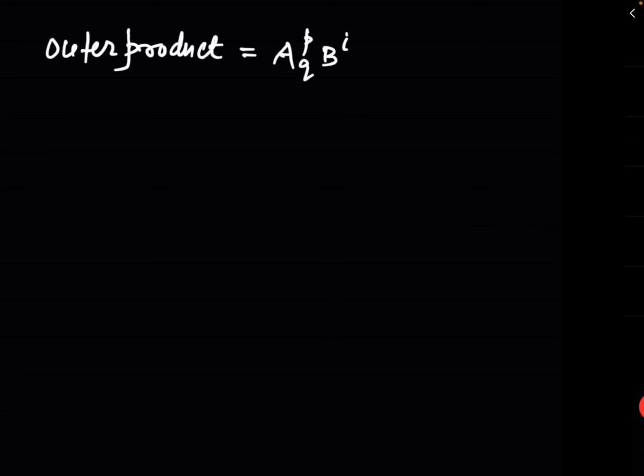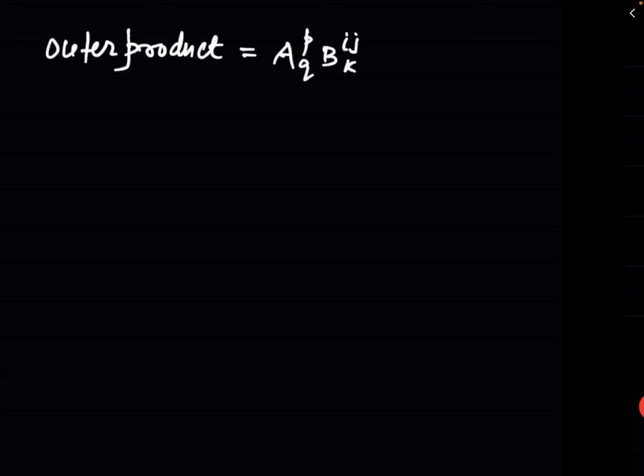So let us first of all find the outer product of these two tensors. What will be the outer product? You can see this is simply A super P sub Q B super Ij sub K. This is actually the outer product of the given tensors.